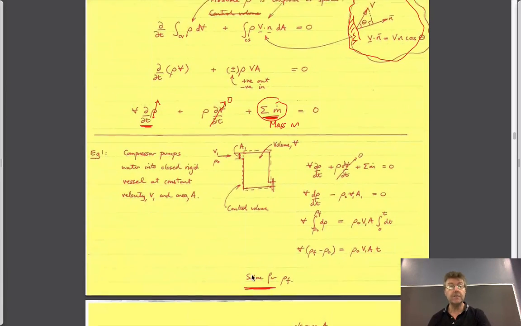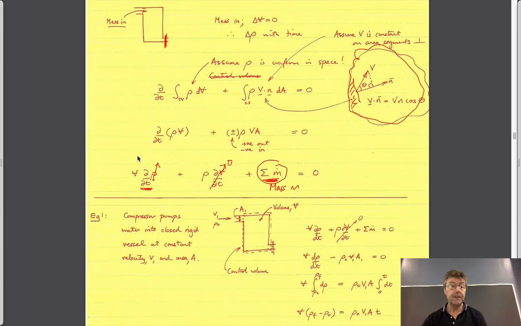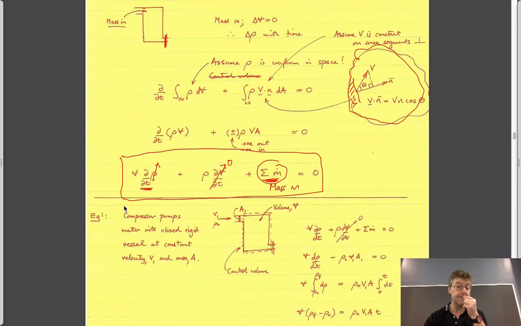If you quantify each of those terms as we've done, then the expression always looks like this, and you can always solve for it if you keep hold of the sign convention: density changes are positive if they increase, volume changes are positive if they increase, and mass out is positive, and mass rate in is negative.